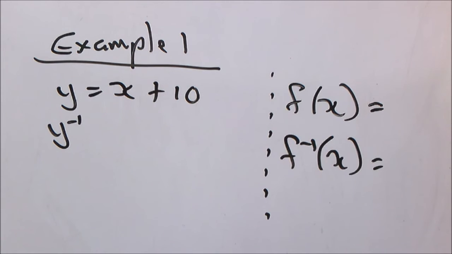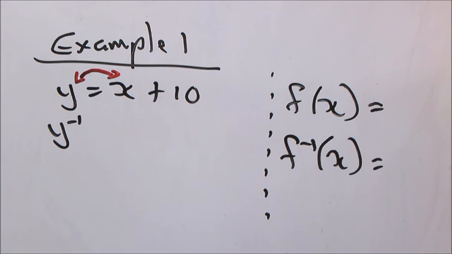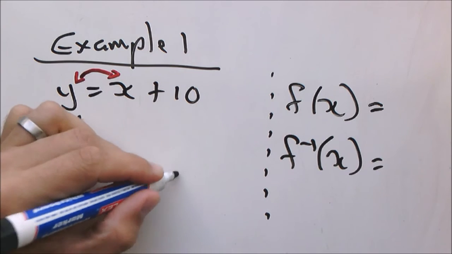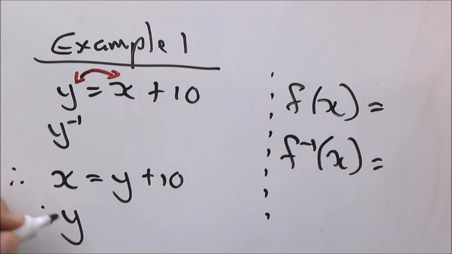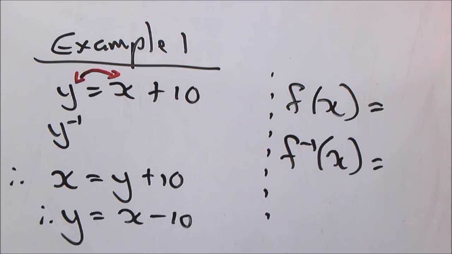So the very first step is you swap around the x and the y, and then you rewrite it in terms of y. And that is the equation of the inverse of this function. So show the swapping around and then write down the final answer.